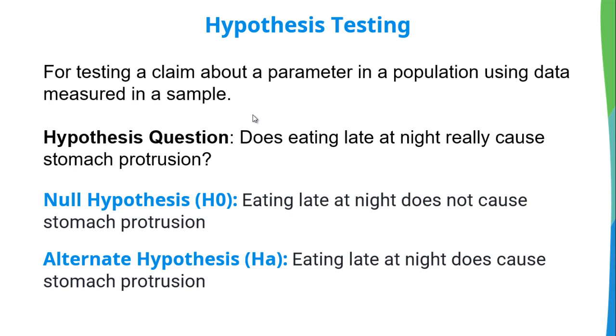You must understand your question and then set hypotheses for it. Because you are actually testing the second one, that eating late at night does cause stomach protrusion, you have to first negate it. This is called the null hypothesis.